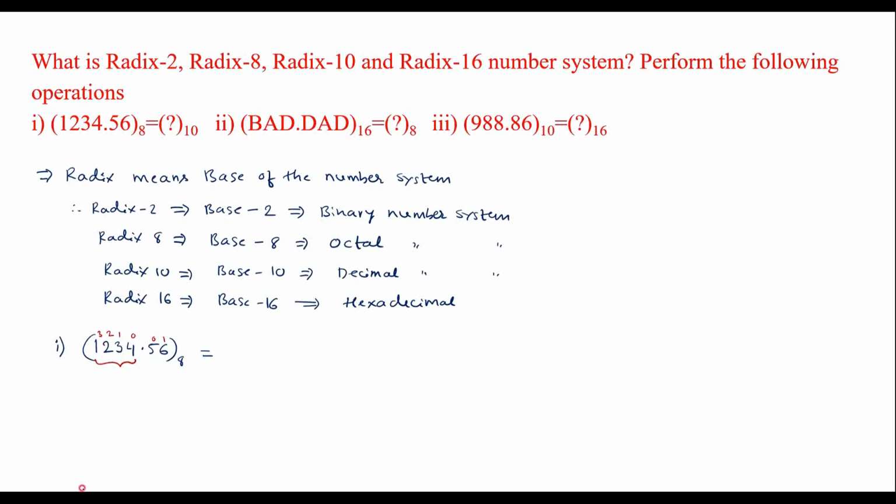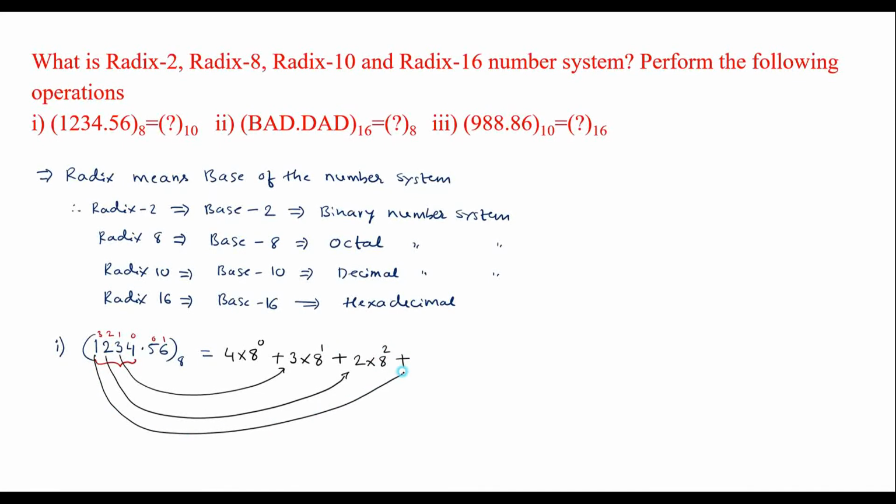Therefore, we are supposed to multiply each bit, that is 4, into base of this number system is 8, then positional value is 0, plus next number is 3, that I can write 3 into base 8, positional value is 1, plus next we have number 2, I can write it as 2 into 8 power 2, plus then finally we have number 1, that is 1 into 8 power 3, plus, so all numbers are got over here.